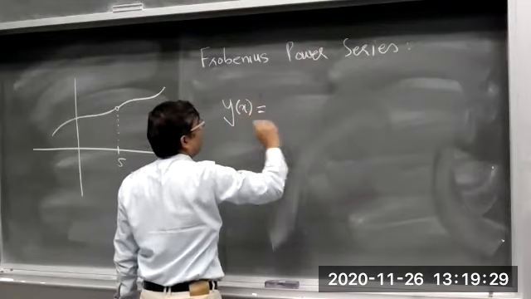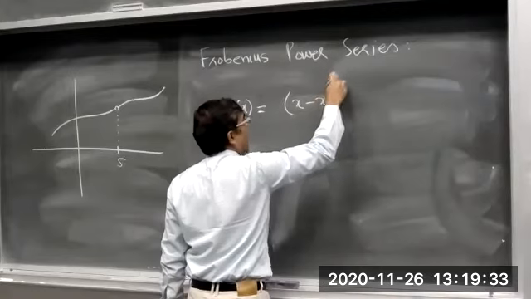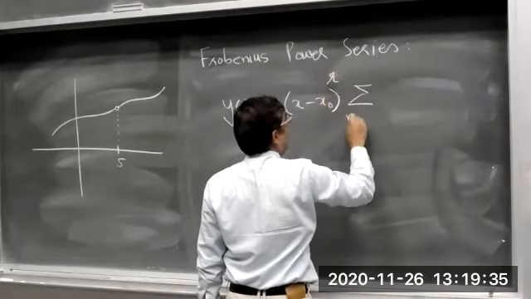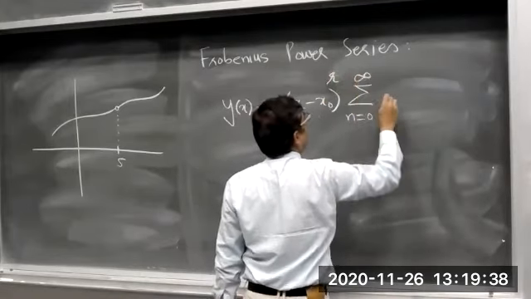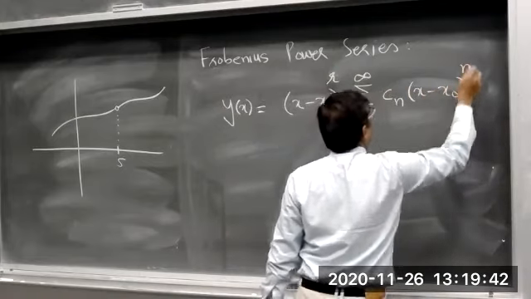It is, y of x, we assume, x minus x naught whole raised to power r, summation n from 0 to infinity c n times x minus x naught whole raised to power n.